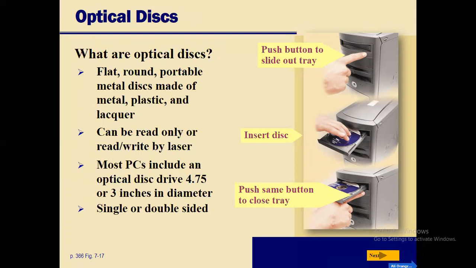Due to the lack of reflection when read, a land is the binary value 1, meaning on, and reflection occurs when read on a special material called aluminum on one of its flat surfaces. Optical discs are most commonly used for storing music.